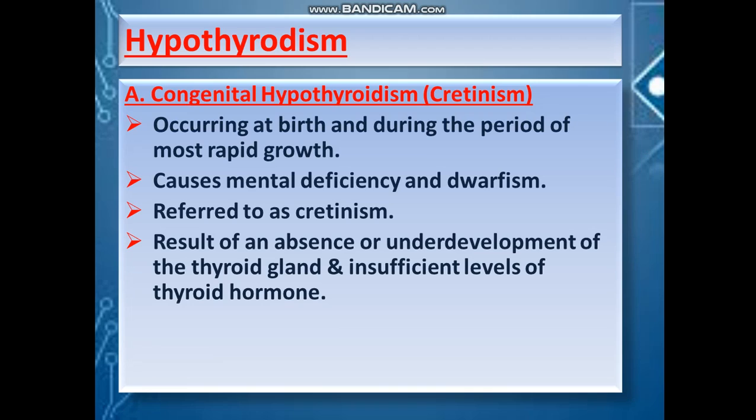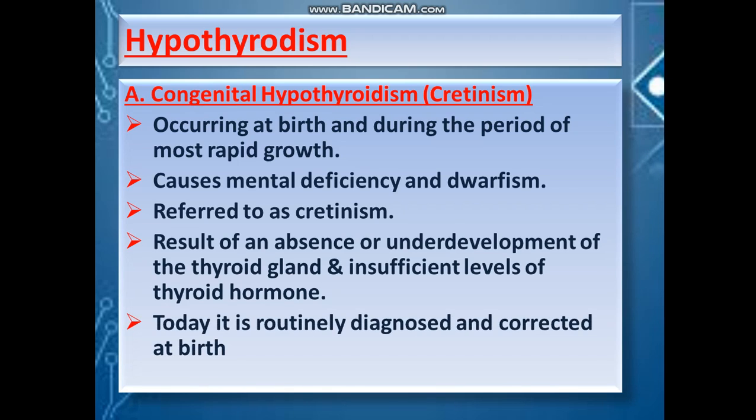It results from either absence or underdevelopment of the thyroid gland and insufficient levels of thyroid hormone. Today, it is routinely diagnosed and corrected at birth because of the mandatory blood screening of newborns.